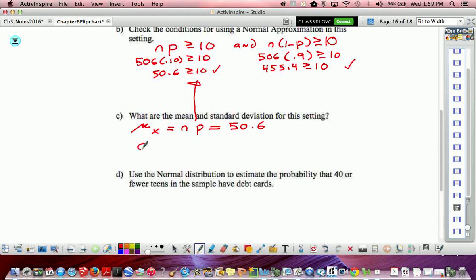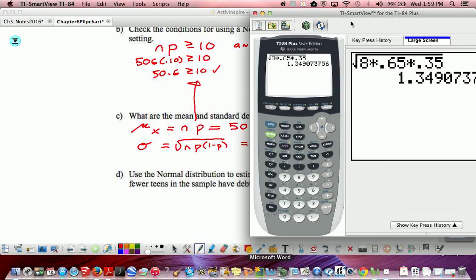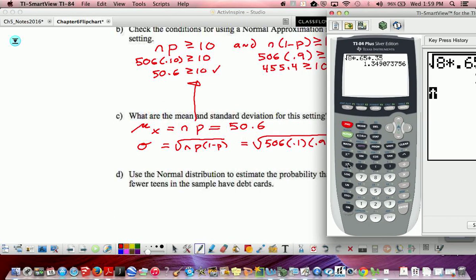Standard deviation, now we're doing the square root of N times P times 1 minus P. So the square root of 506 times 0.1 times 0.9. So 6.75.